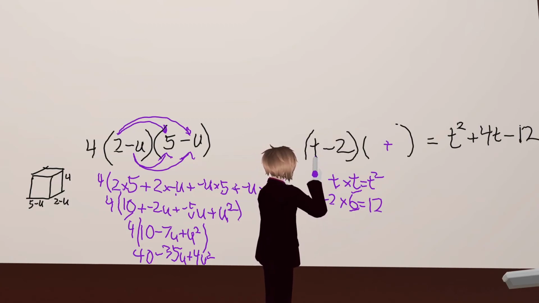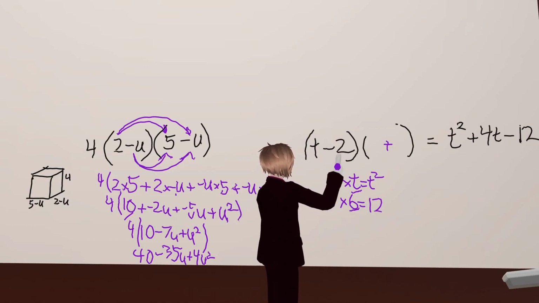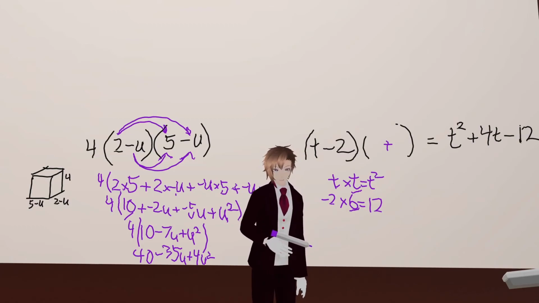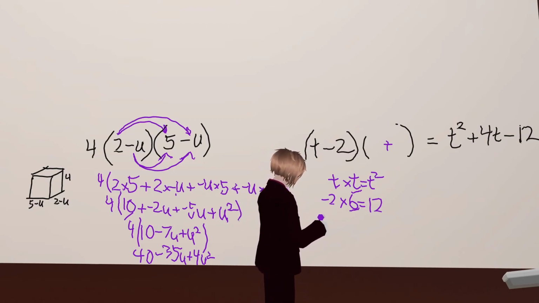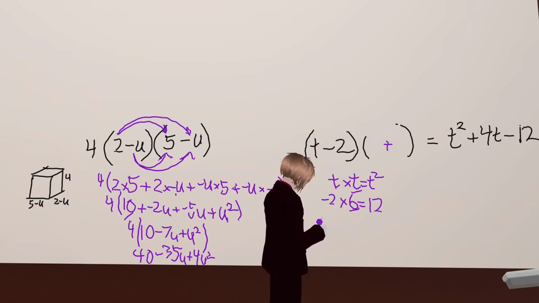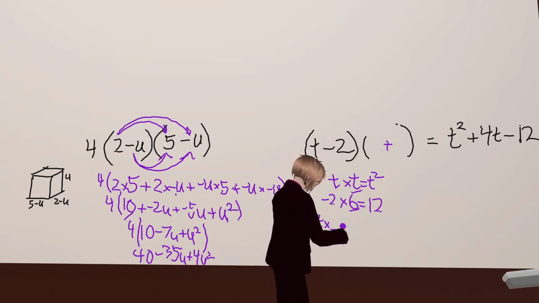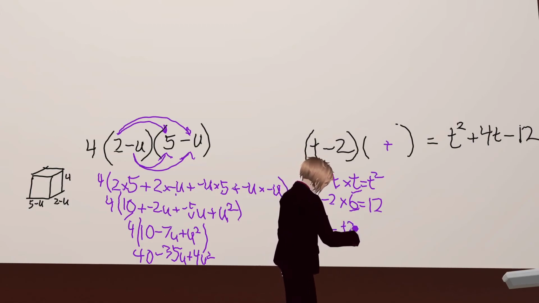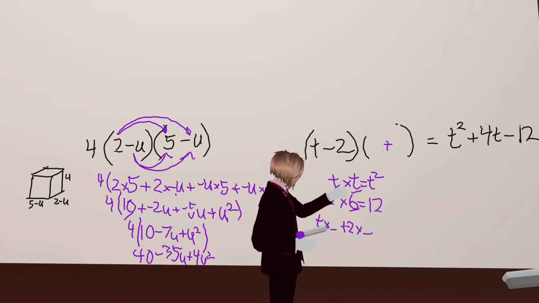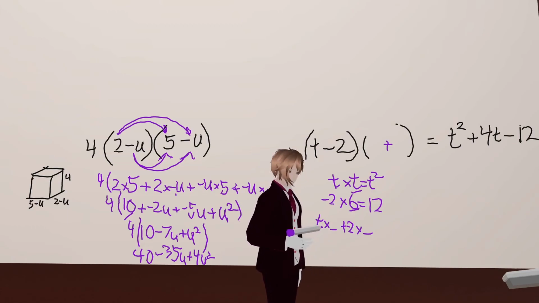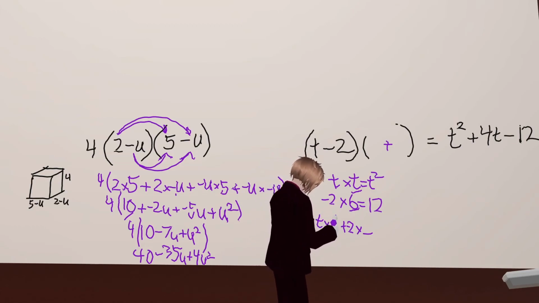Now, the middle term is a combination of this pronumeral and the other number, plus this number and the other pronumeral. So that thing in the middle ends up being t times something plus negative 2 times something. Now we think those two somethings are t and 6.